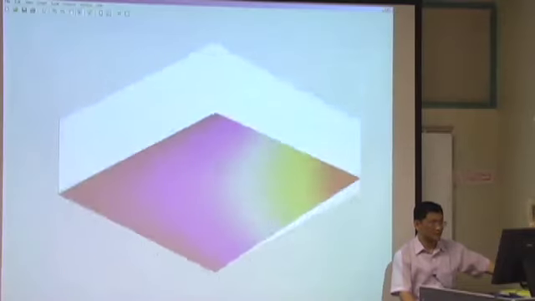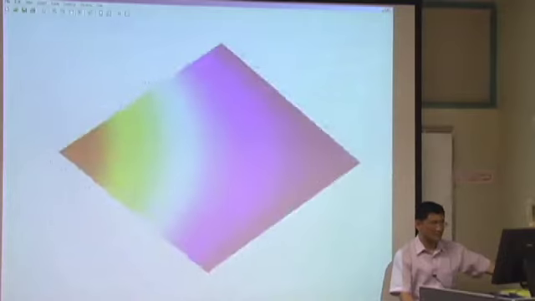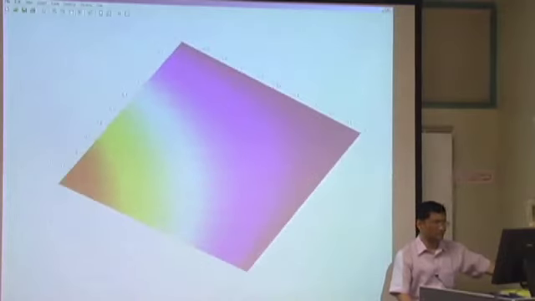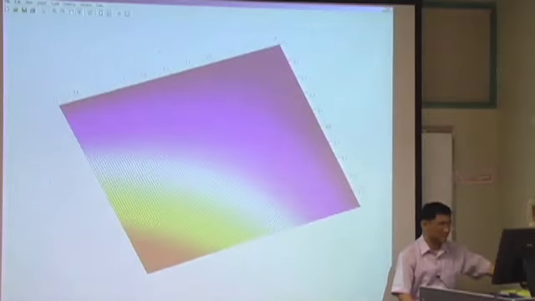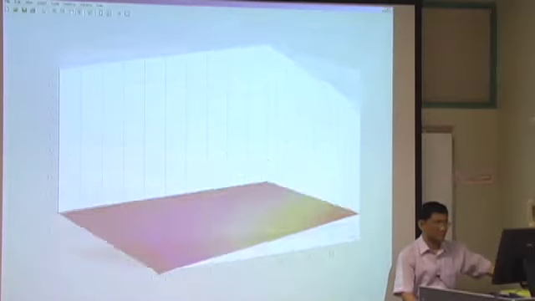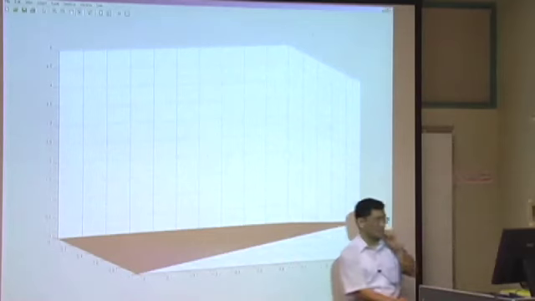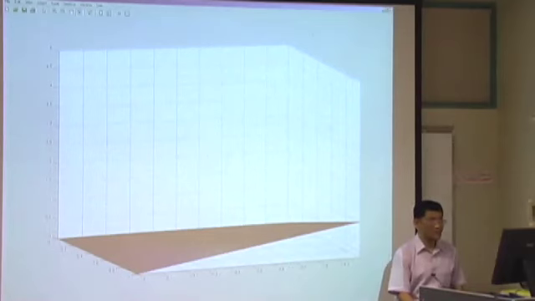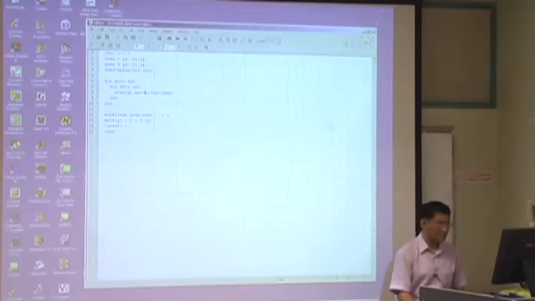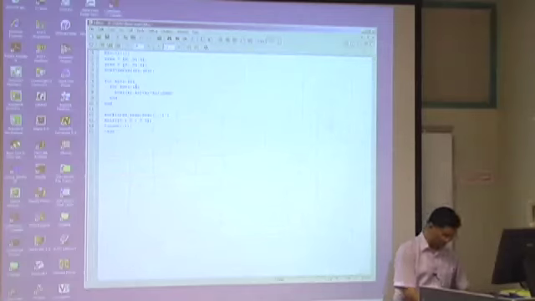Surface like this that I sketched. And then now we sketch these things many times to create animation.